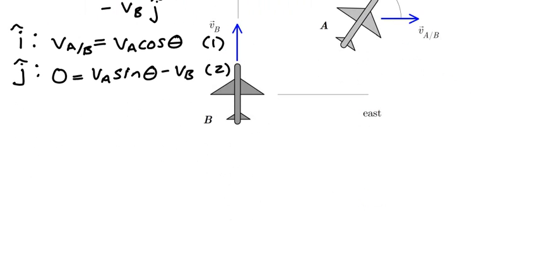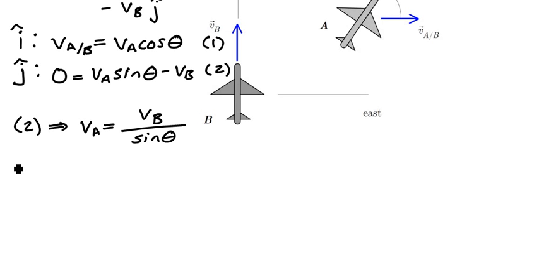Now let's call these equation 1 and equation 2. If I look at equation 2, I quickly realize that I know the angle theta as well as the speed VB. So if I take equation 2, I can rearrange this to get the speed of plane A. Namely, the speed of plane A is going to be equal to the speed of plane B divided by the sine of the angle theta.